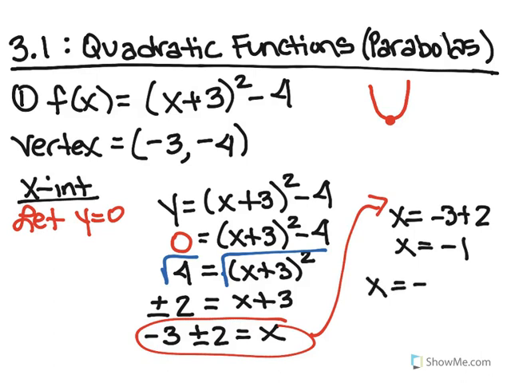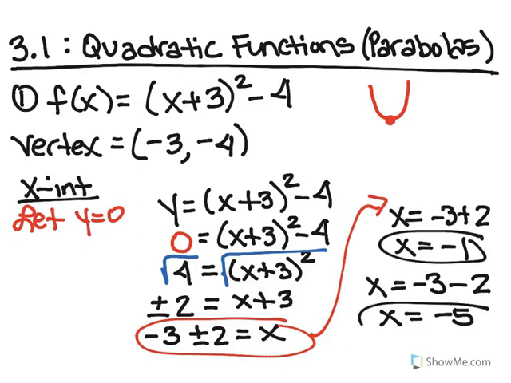And you also have -3 minus 2, which will be -5. So, our parabola is going to cross the x-axis at -1 and also at -5. Okay? That's how we find the x-intercept. Keep in mind that's going to cross the x-axis at -1 and -5.